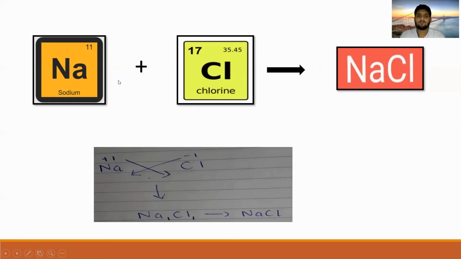We are trying to react sodium and chlorine. Sodium falls into group 1 and chlorine falls into group 7. If you can remember, you can go back to the slide and see. Sodium, as it falls in group 1, will have a charge of +1, whereas chlorine, which is in the 7th group, will have a charge of -1.